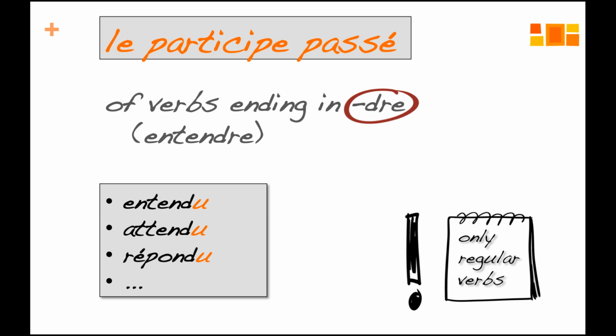So you have entendre, attendre, which is 'waiting for somebody,' and répondre, which is 'to answer.' In the regular formation of the past participle, you have a u at the end. So entendre becomes entendu, attendre becomes attendu, and répondre becomes répondu. There's lots more, but those three are maybe the most important ones.